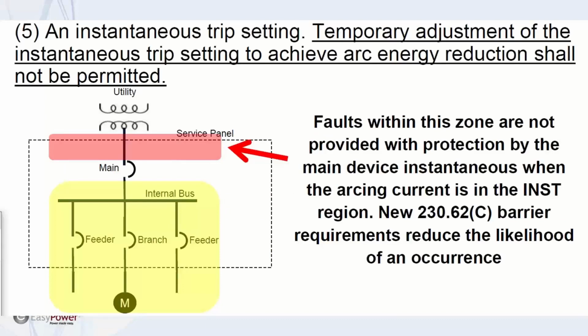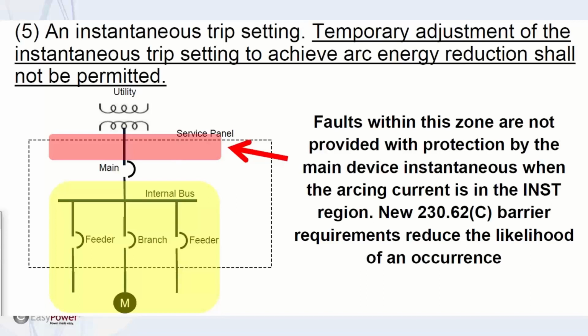Now, the fifth element that's recommended is an instantaneous trip setting. This is due to the fact that normally in main and upstream breakers, the recommendation is to avoid an instantaneous trip because it interferes with the molded case circuit breakers, which have instantaneous trip settings closer to the load. And so one way to mitigate the incident energy is to utilize the trip setting for that device, which may be upstream.